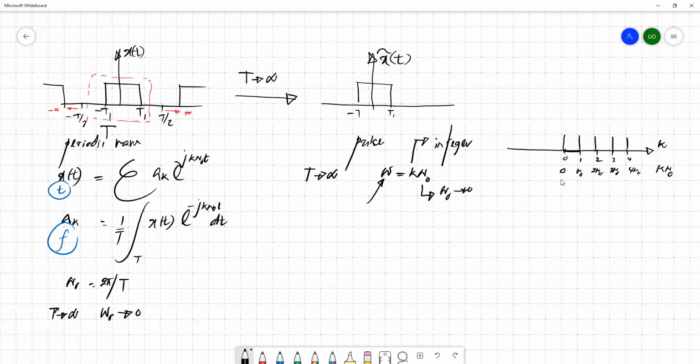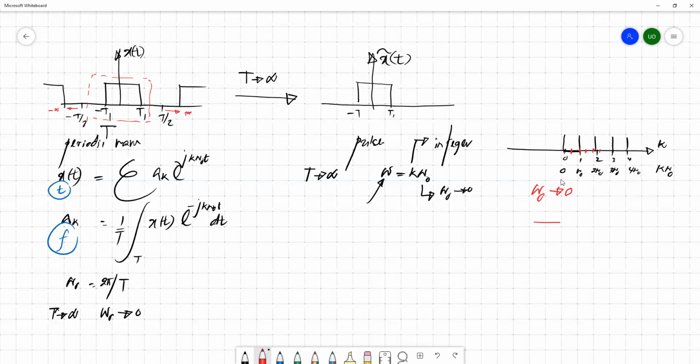Once we let T be infinity, omega naught becomes smaller and smaller, so k omega naught again becomes smaller and smaller. After reducing omega naught with respect to the previous one, this omega naught would appear here, then 2 omega naught here, 3 omega naught here, 4 omega naught, 5, like that.